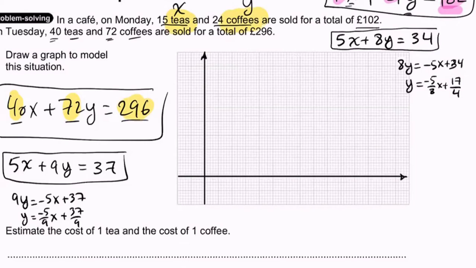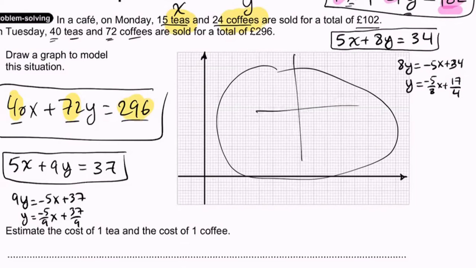Why did I do it like this? Because the cost has to be positive for all of them. So x and y have to be positive, and positive xy only lies here. Sometimes you have to see the situation from a far point so you can find out. Don't do it like this. Do it like this, otherwise it will be congested.